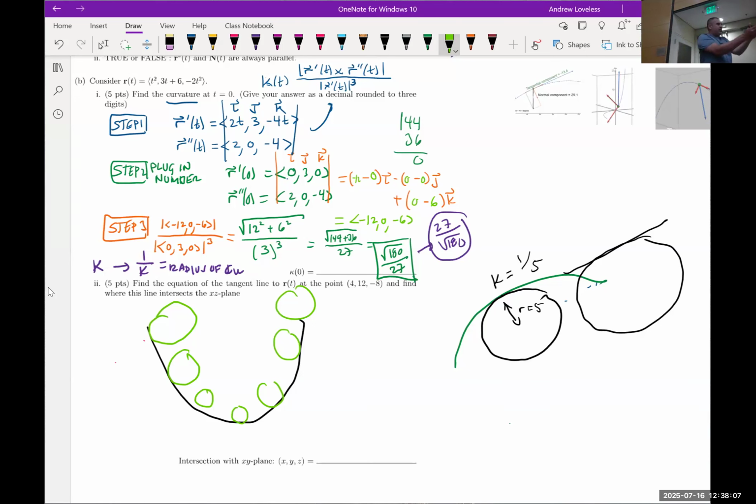But the definition is, how much does my unit tangent deflect if I move a little bit? That's how the curvature is defined. I don't know enough of the history of why we don't just define it directly in terms of the radius. I think that's because of where it pops up in formulas.